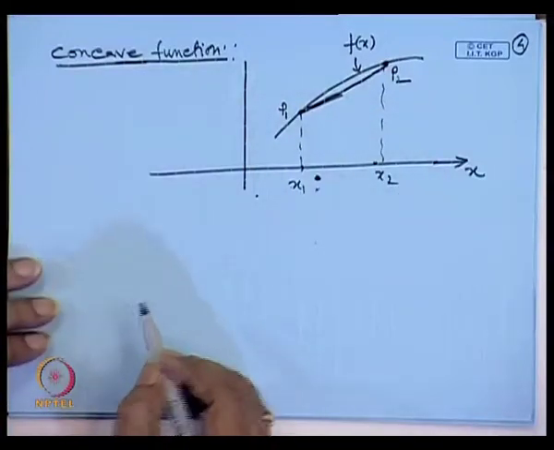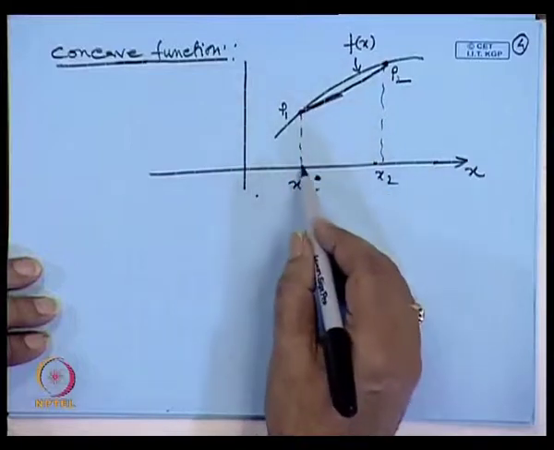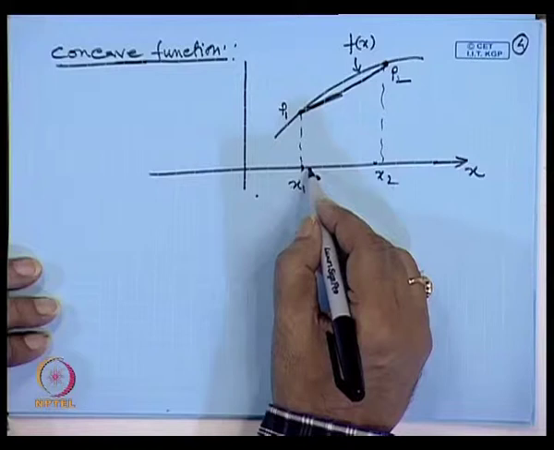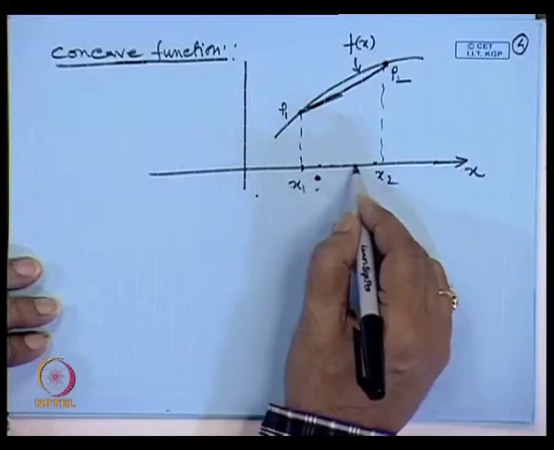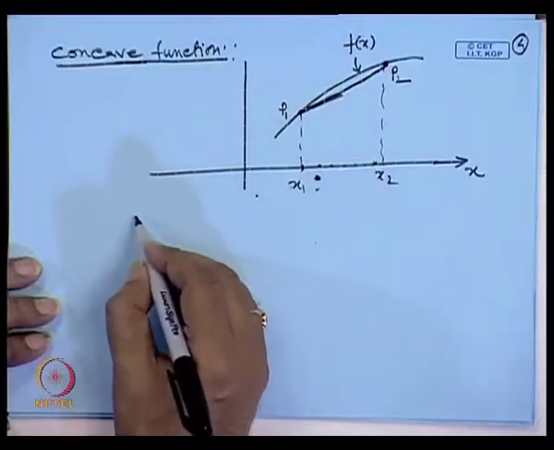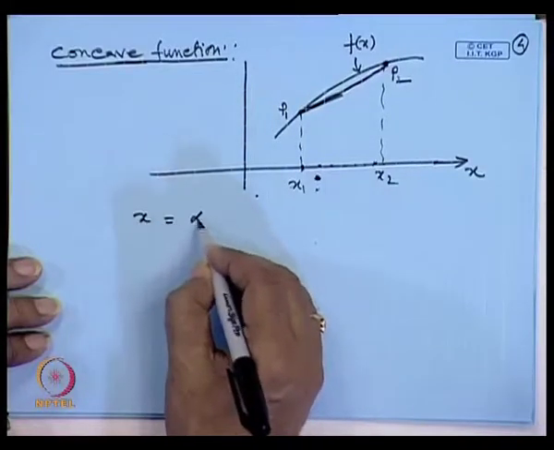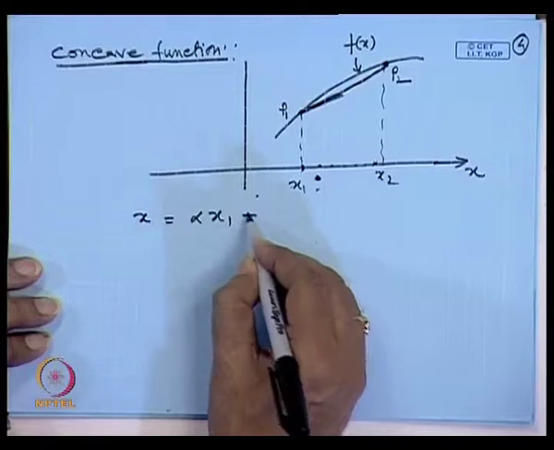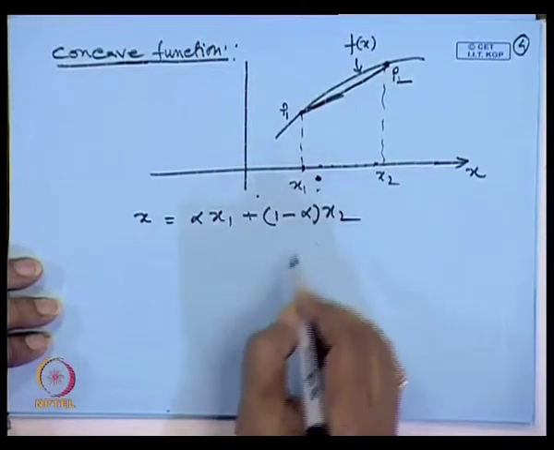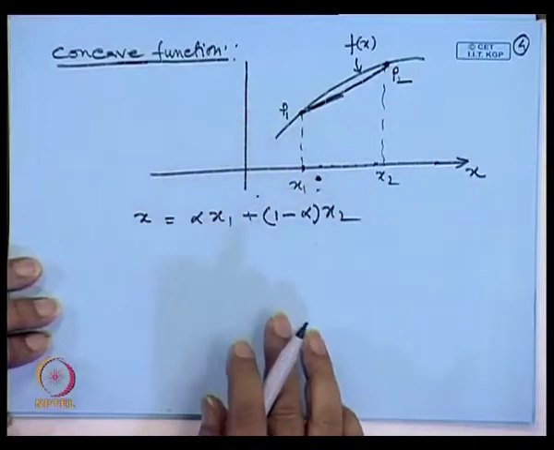Now, you can find the linear combination of these 2 points. Any point on this line between x1 and x2, I can express this way: x is equal to alpha into x1 plus 1 minus alpha into x2, and this is the definition of our convex set.